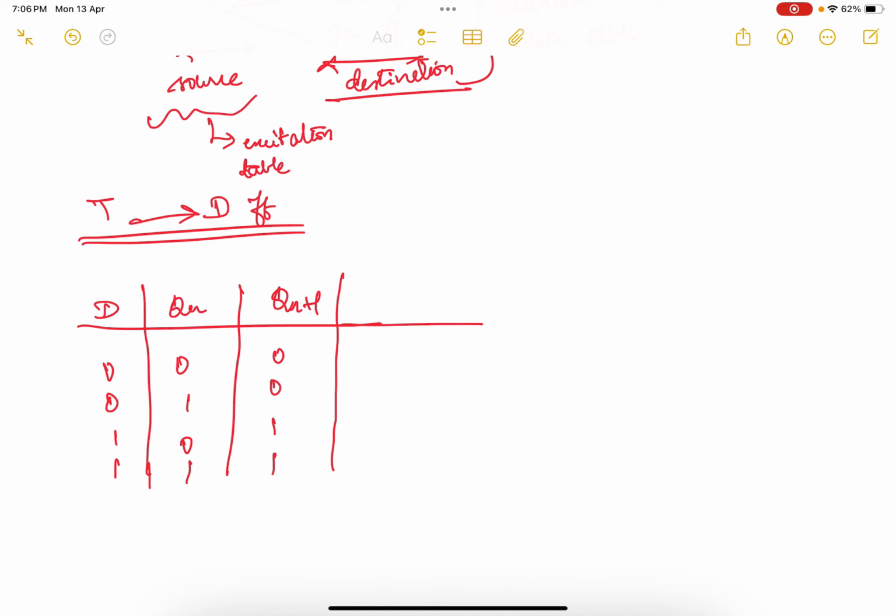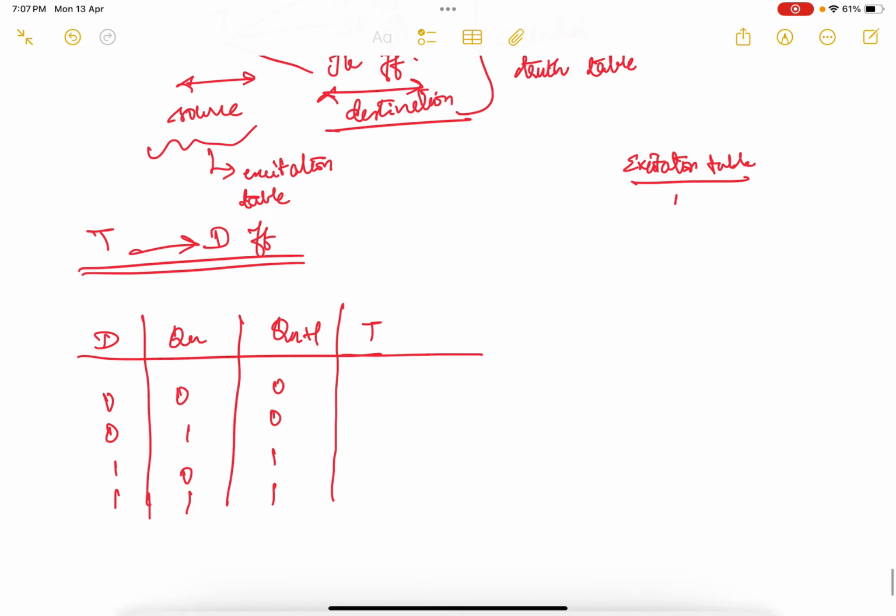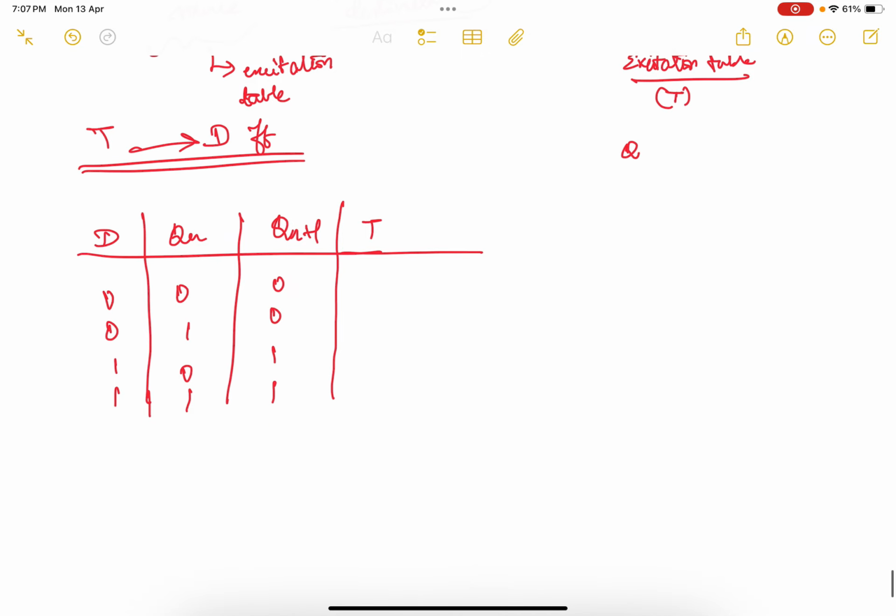Now I want to draw the excitation table with respect to this extended truth table. Before that I am going to write the excitation table for the source, which is the T flip-flop. It depends on Qn and Qn plus 1 and the mandatory input, which may be 0 0, 0 1, 1 0 or 1 1.